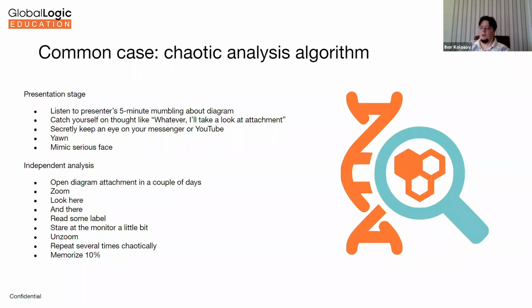And you will end up in a situation where you start hearing some kind of white noise or mumbling after maybe 5 or 10 minutes, especially if the material is complex enough, right? Usually you will distract your attention to something else.